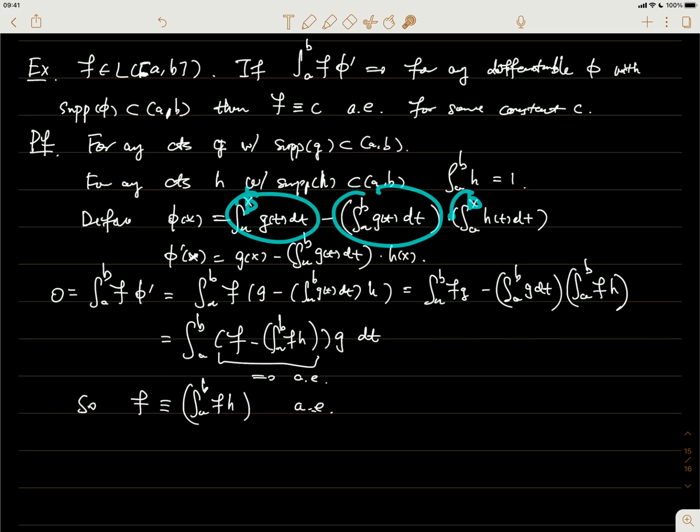That means that the integral of this must be equal to 1, just for this one. Then that's how these two cancel, and phi of b will be equal to 0, because phi has a compact support inside the interval (a, b). So that's why finally we get f as a constant almost everywhere.